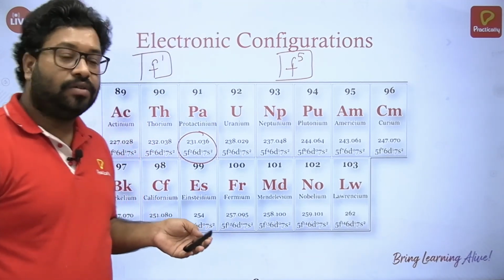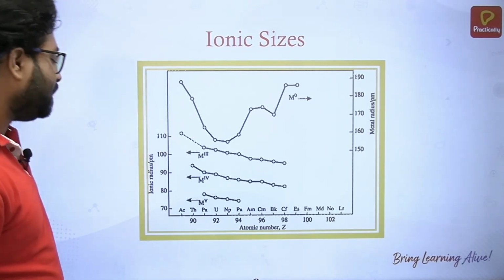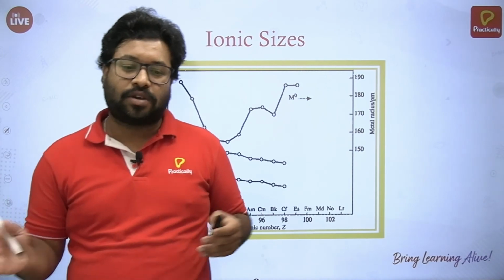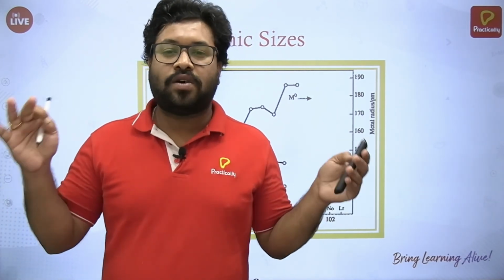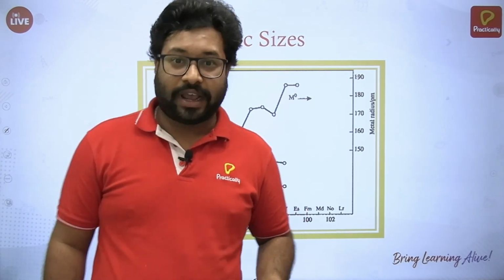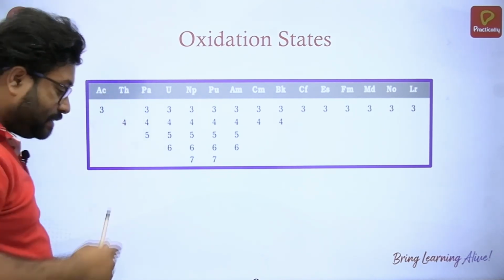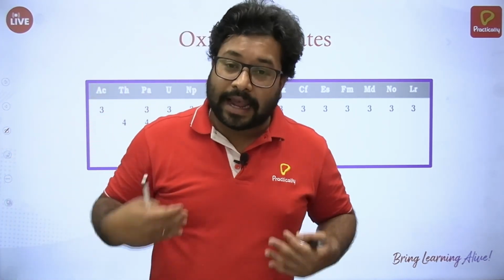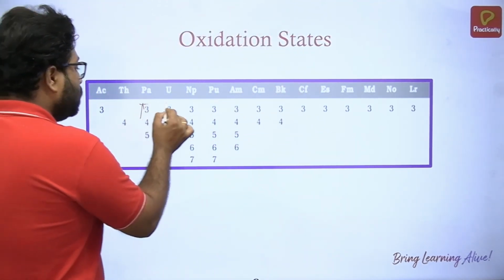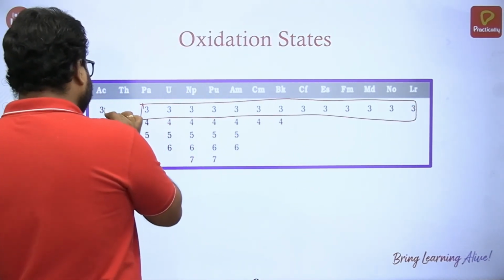Okay, chalo. The next one, ionic sizes. Ionic sizes of lanthanides and actinides are not that much different. In the same way that the lanthanides show contraction, actinides also show contraction, which is called actinide contraction. Oxidation state. Just like lanthanides, actinides also show the typical oxidation state of +3.